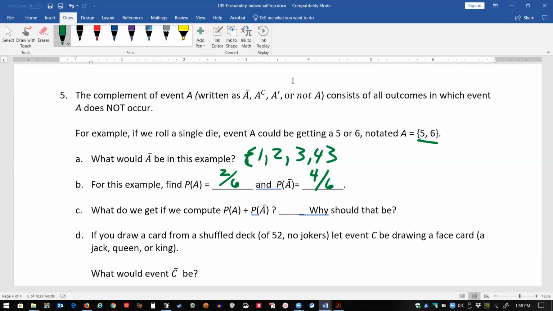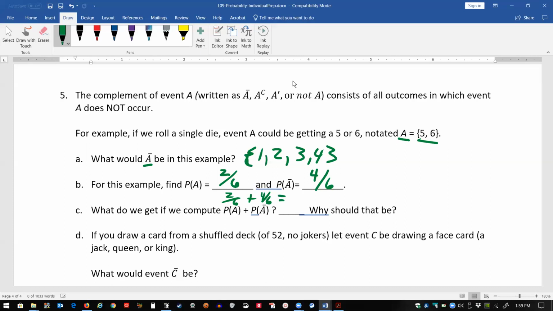Well, cool. So keep in mind, every outcome will belong to one of the sets. Every outcome of rolling this die is either a part of event A or a part of the complement of A, right? Which means if I add up those 2 probabilities that I just calculated, the probability of 2 complementary events together, what do you get?